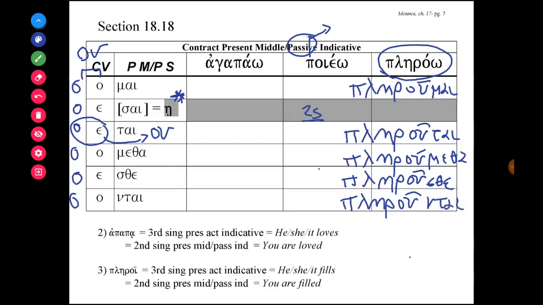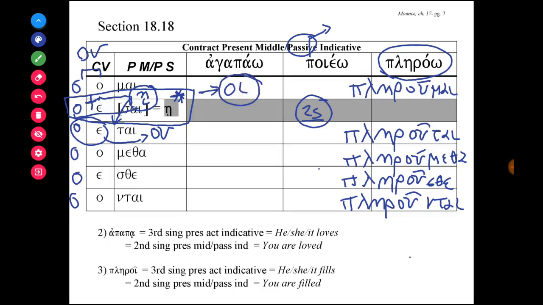And what happens with the second person singular form is that when these vowels contract, we get the following form. Well, the sigma drops out, and the epsilon and alpha combine to eta with an iota subscript. And remember your little two rules, that an omicron plus an eta with an iota subscript contracts to an oi.